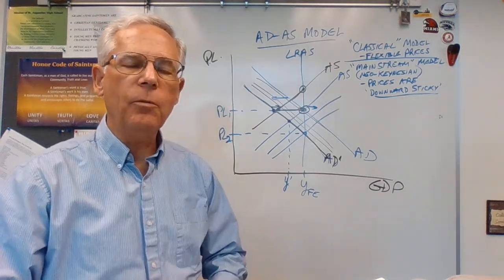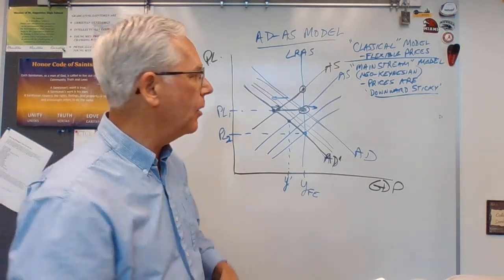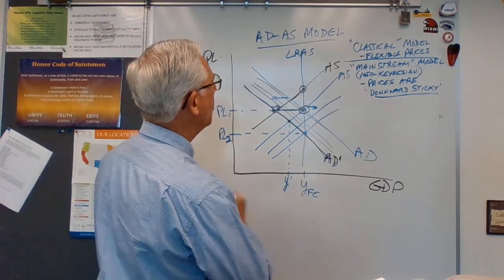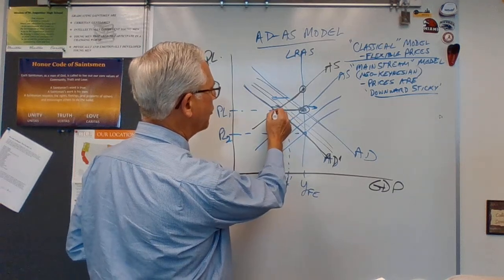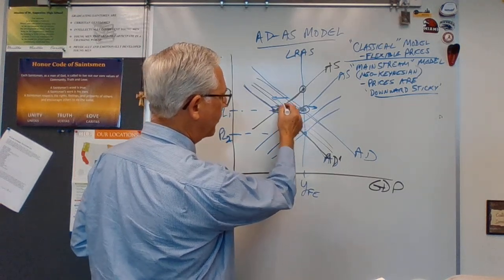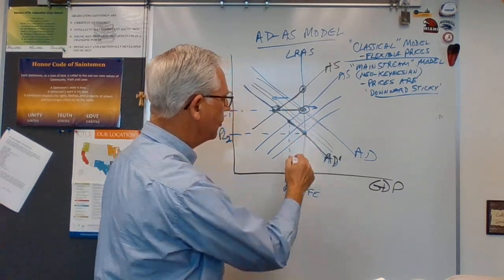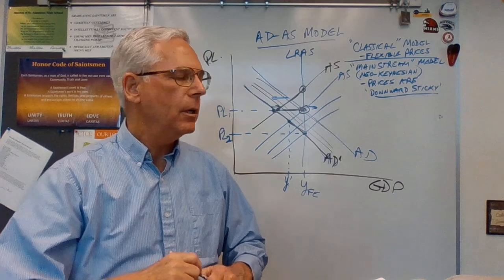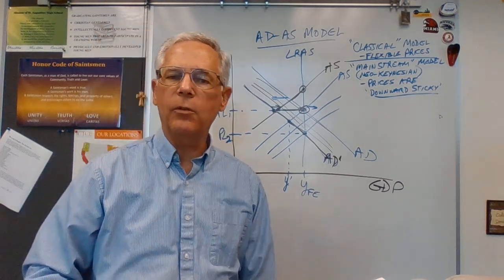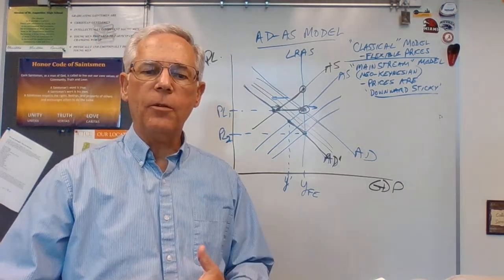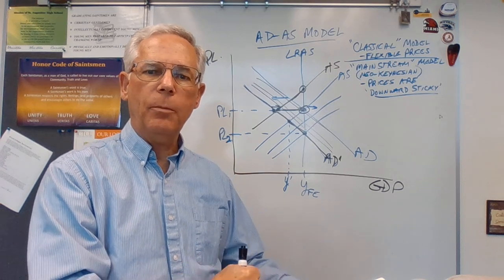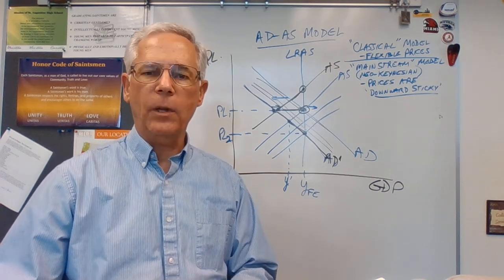If they say assume flexible prices up and down, then use the classical model, where the way that we get out of the recession is that aggregate supply keeps shifting to the right, and we just move back to full employment at a lower price level. So read questions carefully. Are they telling you to assume sticky prices, or are they telling you to assume flexible prices?